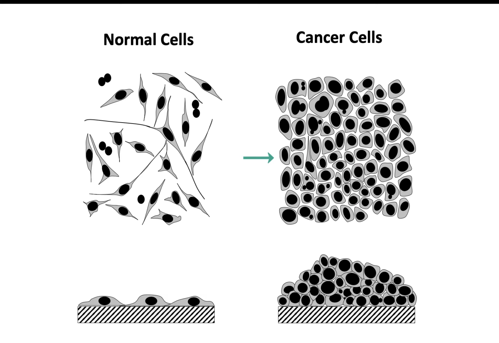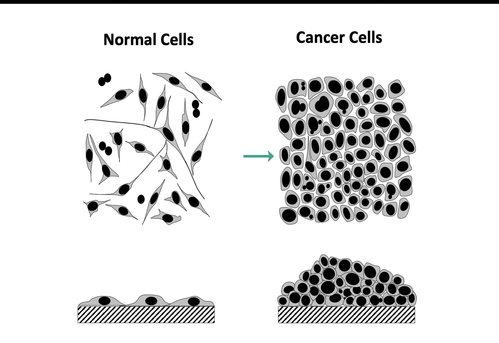Cancer cells, on the other hand, are not contact inhibited. The nuclei also are not the same size. Sometimes you get micronuclei, little pieces of the chromosomes broken off and forming separate nuclei.